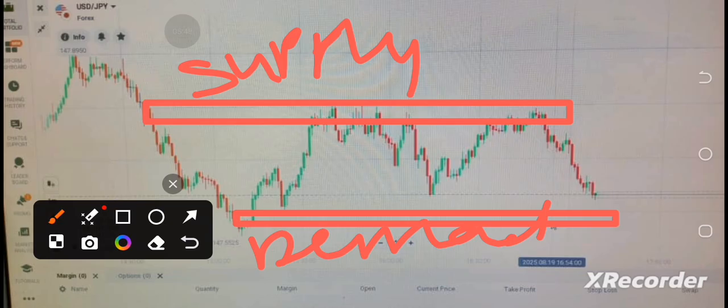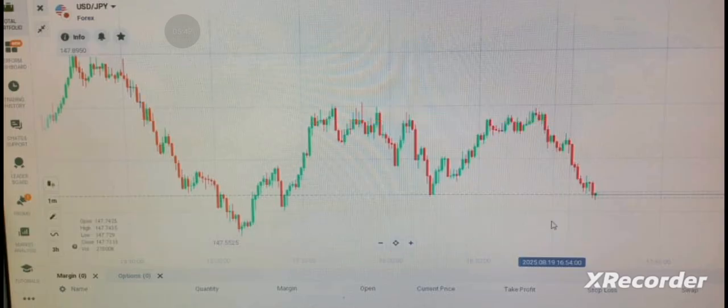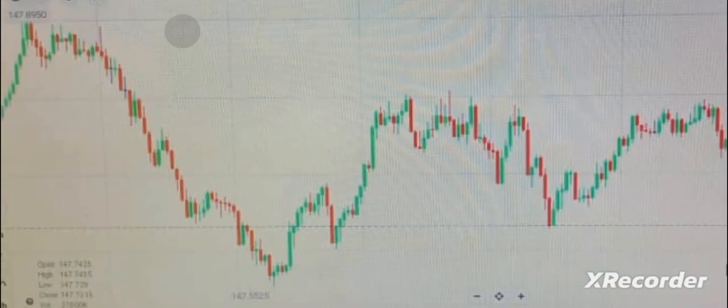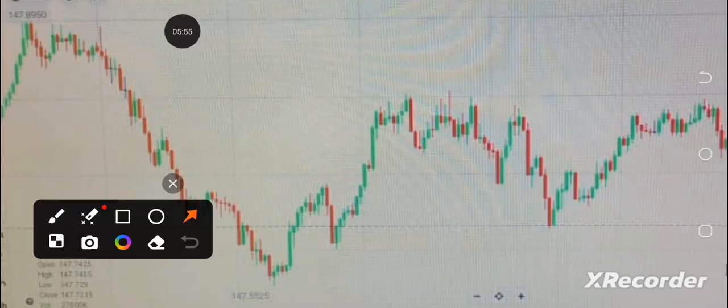The only difference is that you are looking at the last candlestick that is formed here, that created a level. Look at here, a bullish candlestick. And then we saw sellers entered.